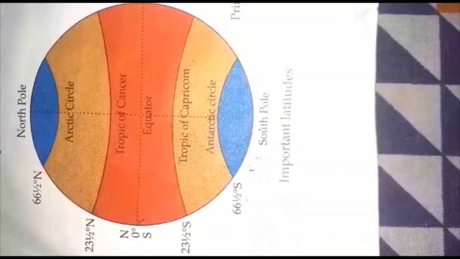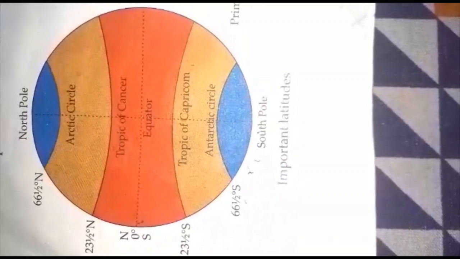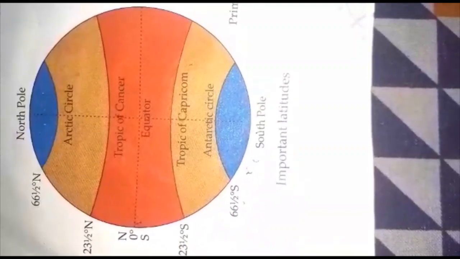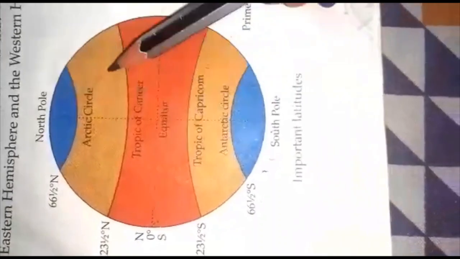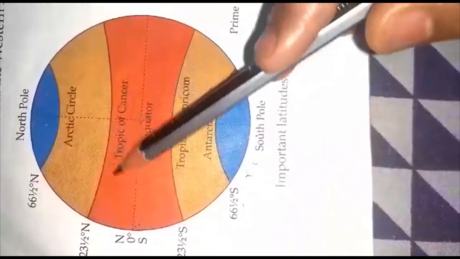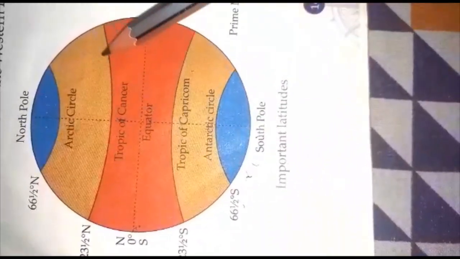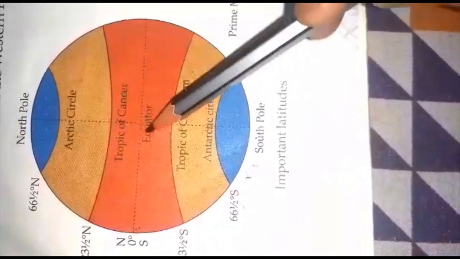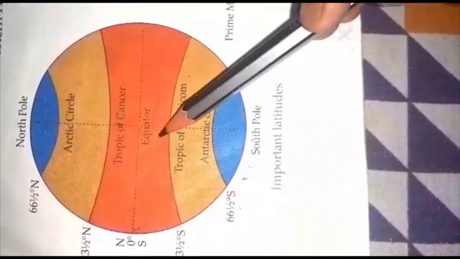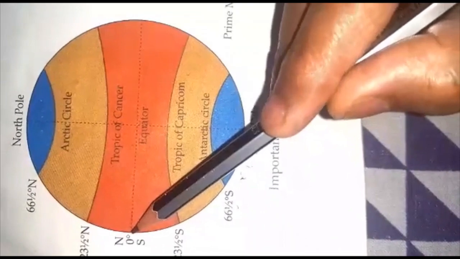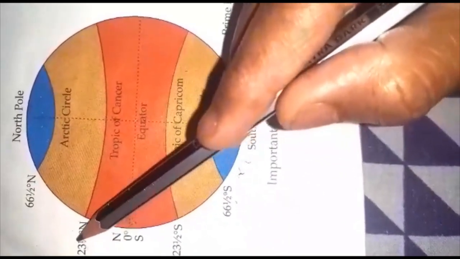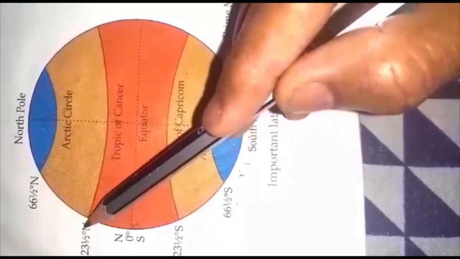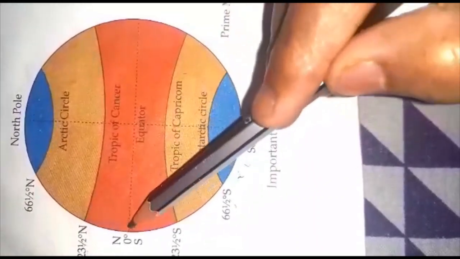With the help of this picture, we will learn about some important parallels. First, the Tropic of Cancer. It is an important parallel of latitude in the northern hemisphere. It lies at a distance of 23 and a half degrees north from the equator.